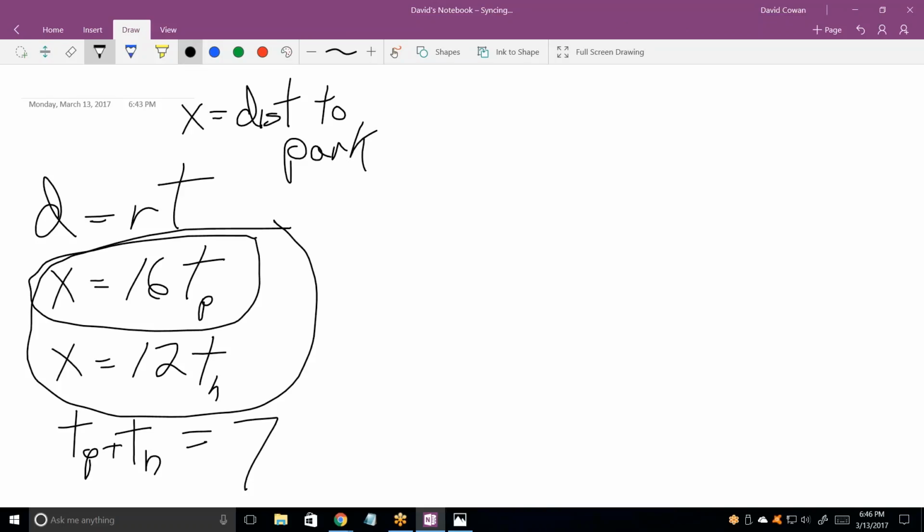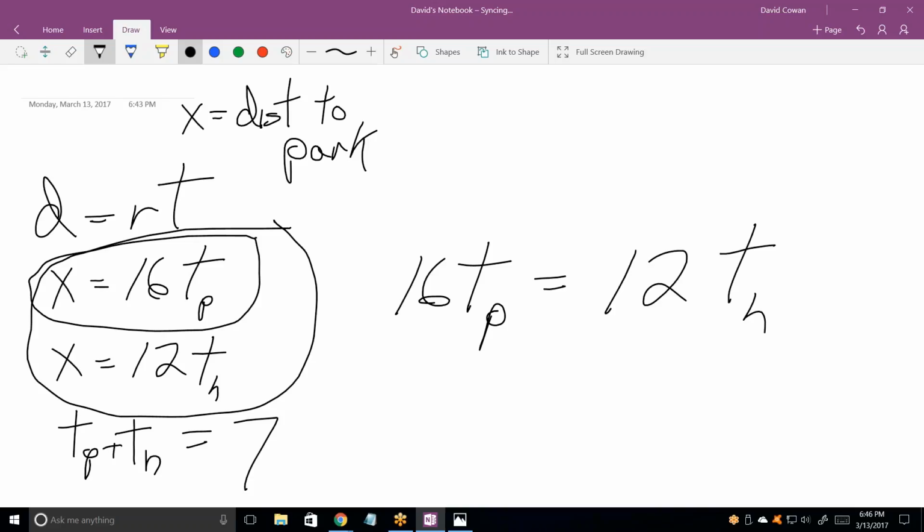So the first thing I can do is set 16 T sub P equal to 12 T sub H. Now I can use this equation down here and substitute.